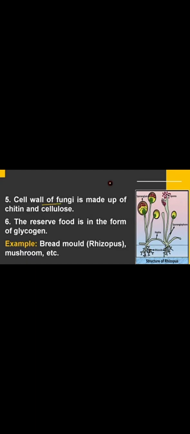It is the most important point for kingdom Fungi. This you have to remember. The reserve food is in the form of glycogen. Examples of fungi are bread mold, that is Rhizopus, mushroom, etc.